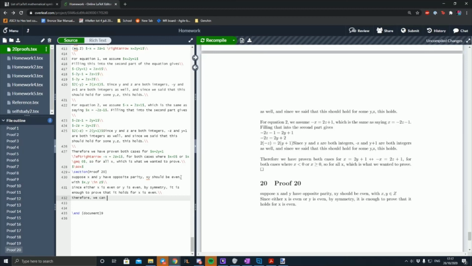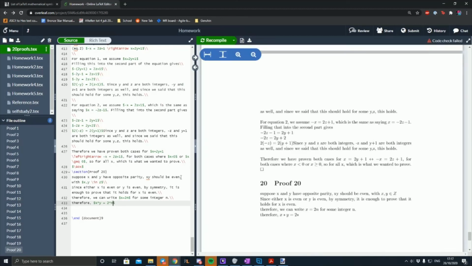Therefore, we can write x equals 2n for some integer n. Therefore, x times y is equal to 2 times n times y.